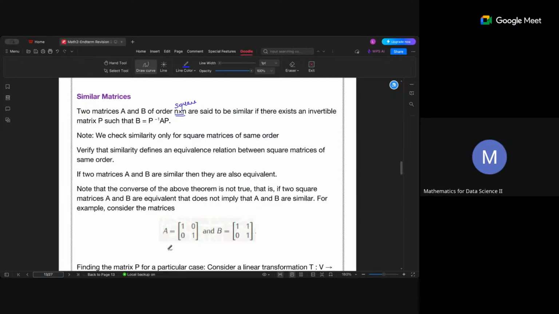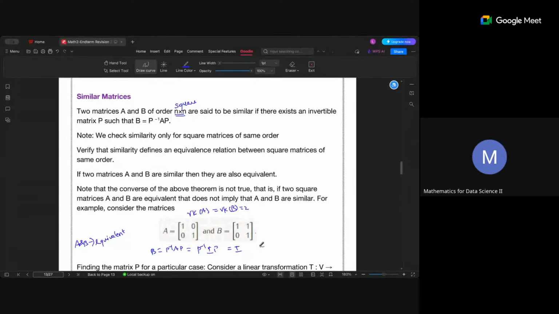For example, take these two matrices. Are they equivalent? Yes, both of them have rank 2. Rank of A equals rank of B equals 2. So A and B are equivalent. But are they similar? No, because B equal to P inverse AP will give you, here A is your identity matrix, so P inverse IP is simply identity.